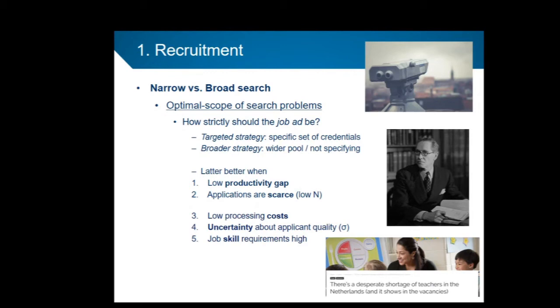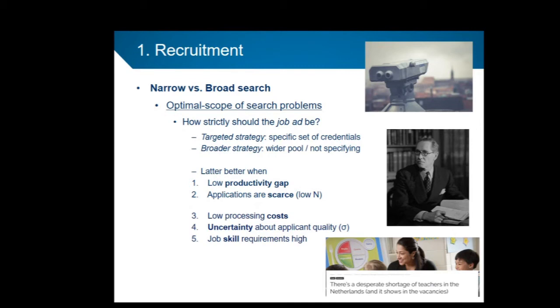However, we need to realize that by doing so, we are also fishing in a much smaller applicant pool, and we might miss out on very talented lecturers in, let's say, mathematics or English. They could also potentially be excellent economics teachers. So it might be better to adopt a broader strategy and not specify such credentials.